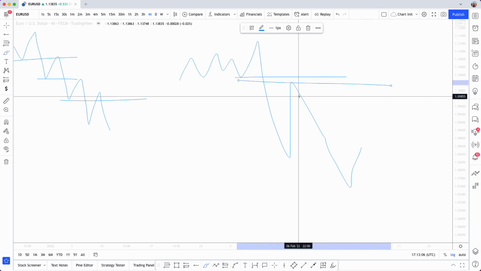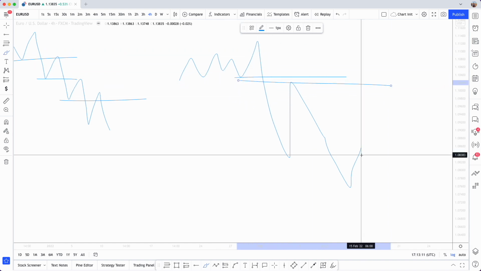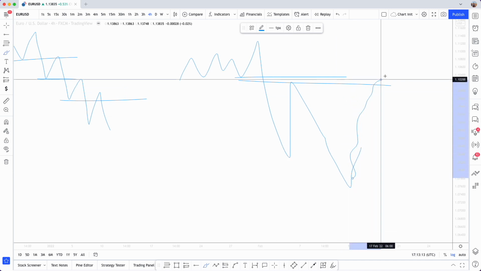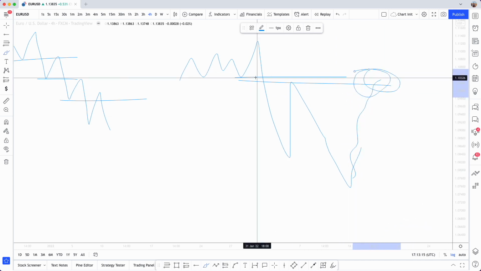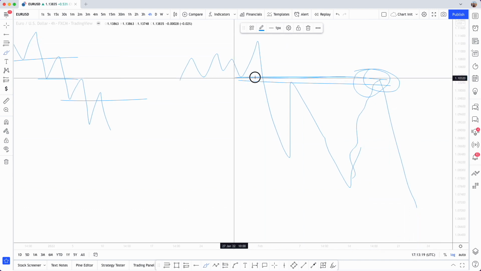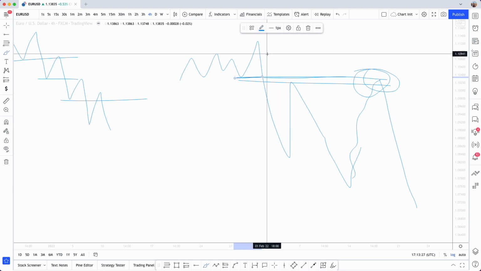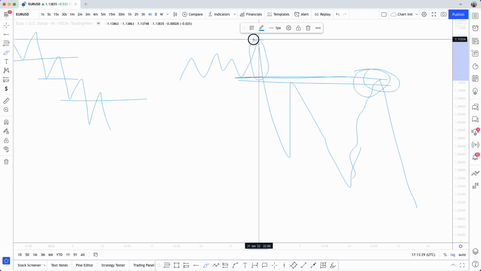Now for this price to be efficient, price needs to come back. It needs to come back and make pricing efficient and then continue. And bear in mind, when that impulsive move happens, where the volatile move happens, or however you would say it, volatile, impulsive, sudden move, there's generally an order block there.